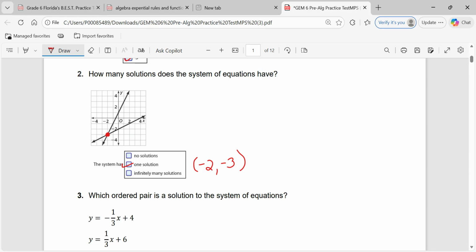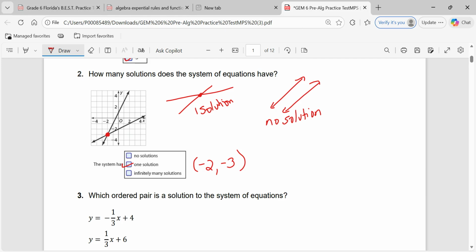All right. Now, just a heads up, if it crosses once, then of course it's one solution to the system. But if you have two parallel lines that do not intersect ever, that means there would be no solution because they never intersect.